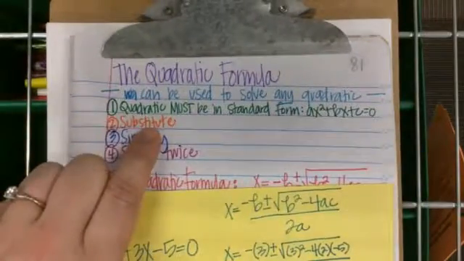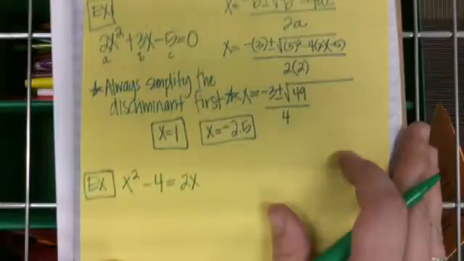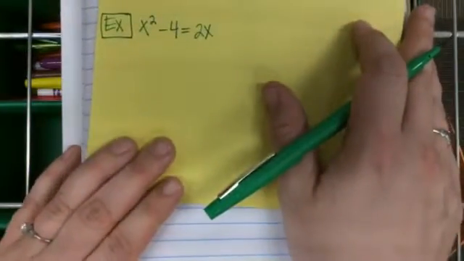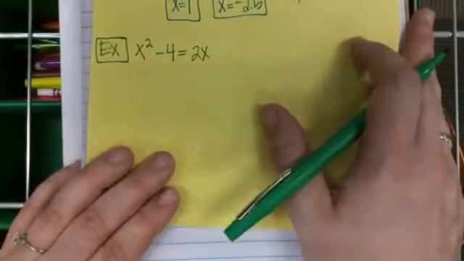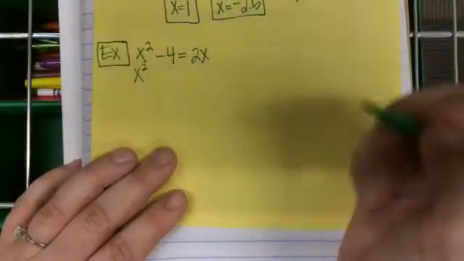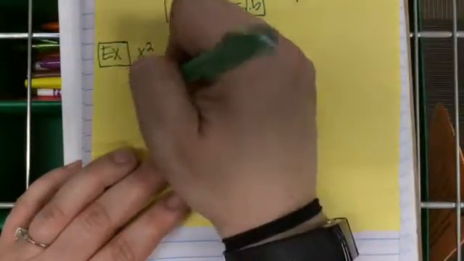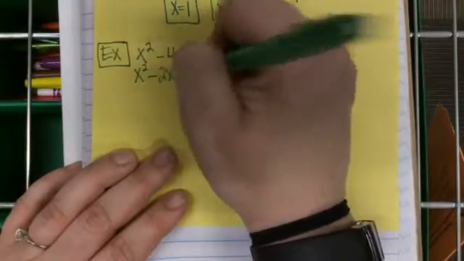Step 1. Quadratic must be in standard form. Is this in standard form? No. Can you make it in standard form? Yes. Okay, so it's x squared minus 2x minus 4 equals 0, yeah?